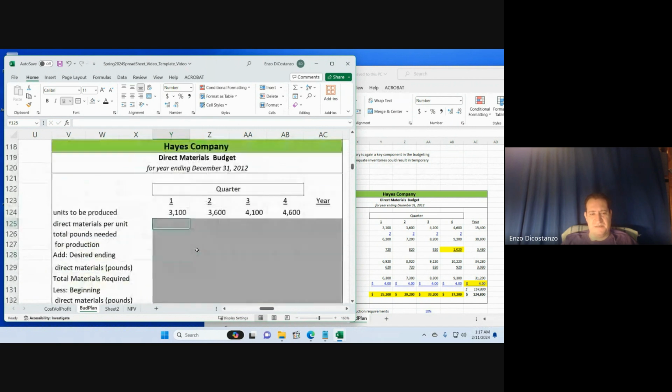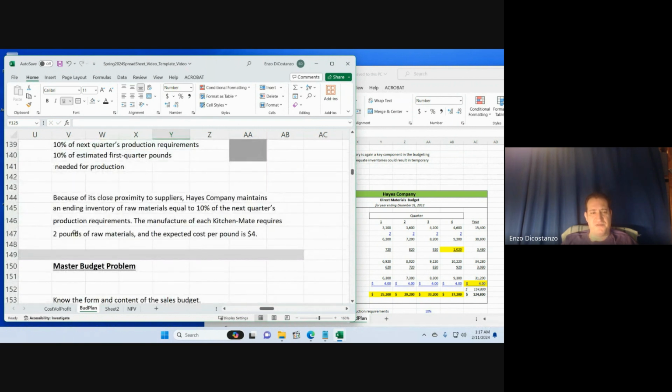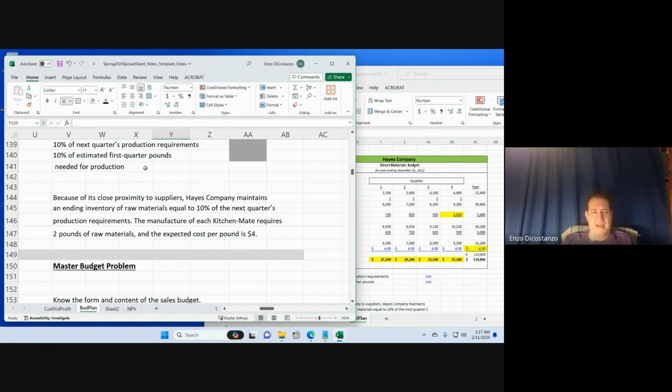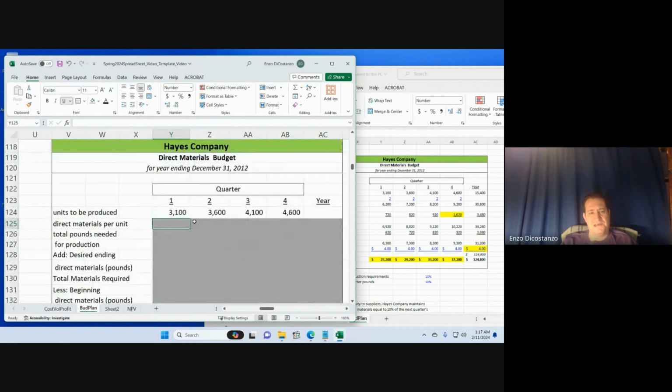It should say it in here someplace, but it's 2 pounds of raw materials, and the cost is $4 for the raw materials. And also, we're going to use 10%. Ending inventory is equal to 10% of next quarter's production requirements. Okay, so it's going to be 2 pounds a unit.